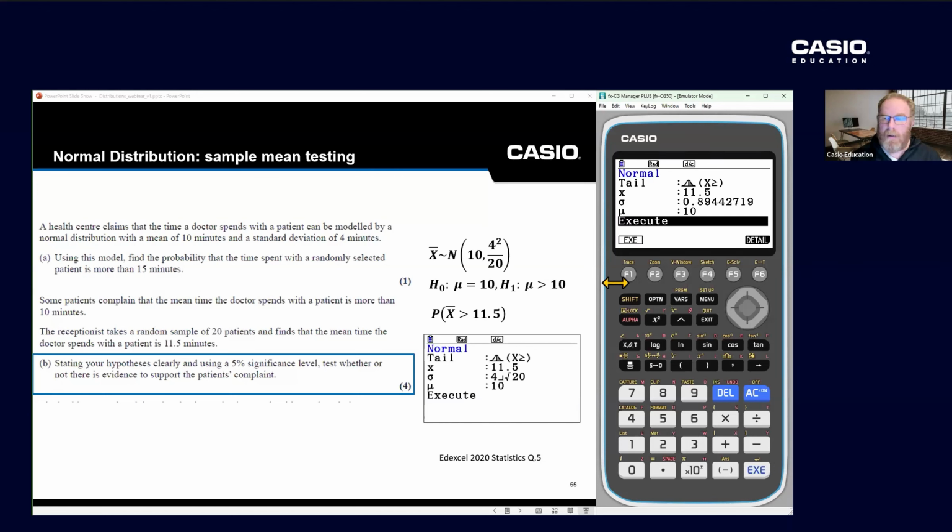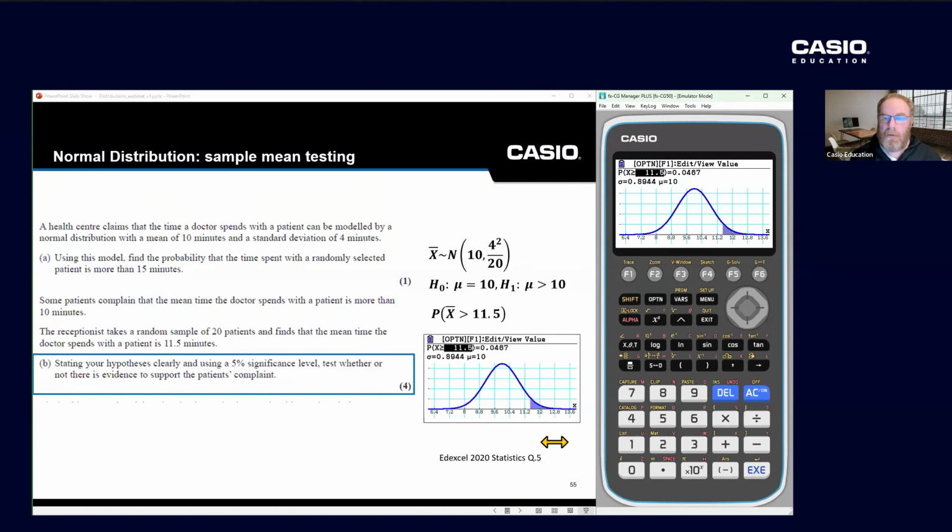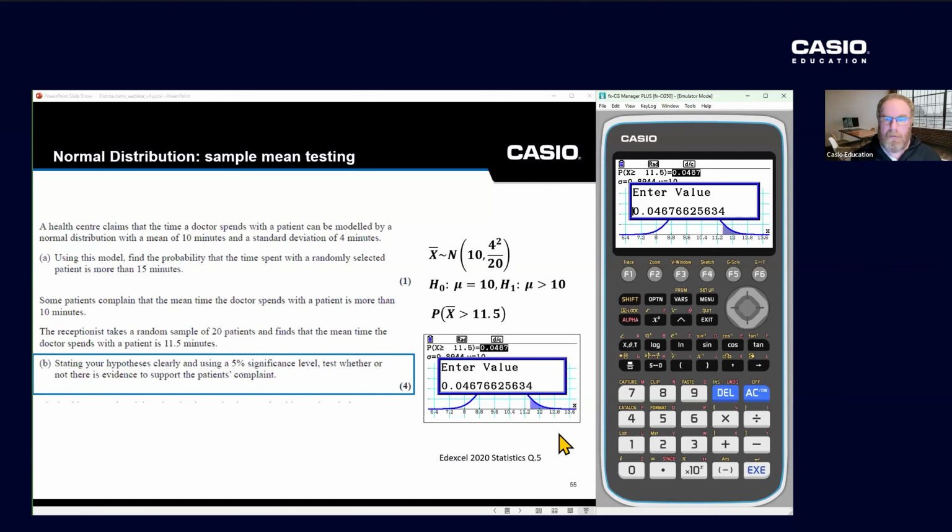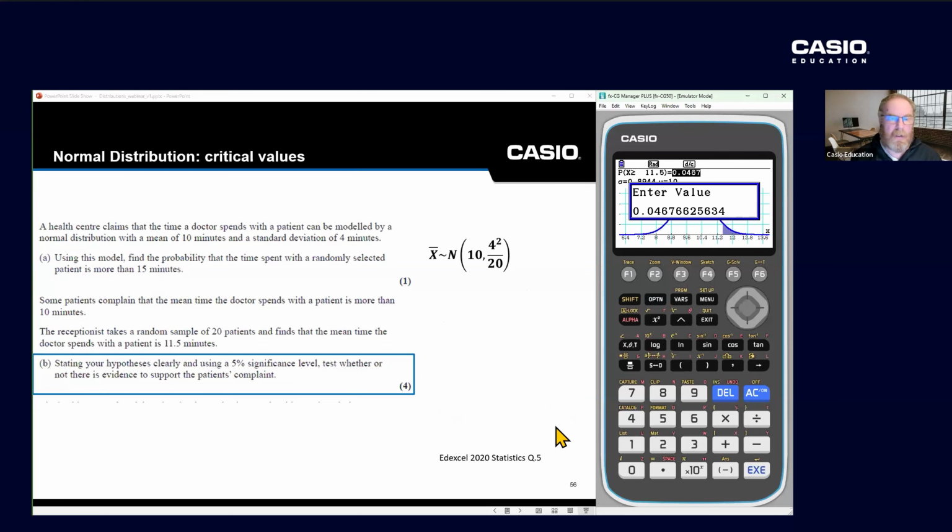And then we can scroll down, and when we execute, okay, what we've got there is probability X larger than 11.5, just a little bit less than 5%, so that's significant. Okay, you can scroll across and interrogate if you like, so when you want to make a rounding decision or not. Of course, there is another way to approach this.